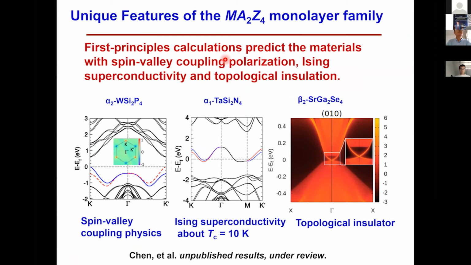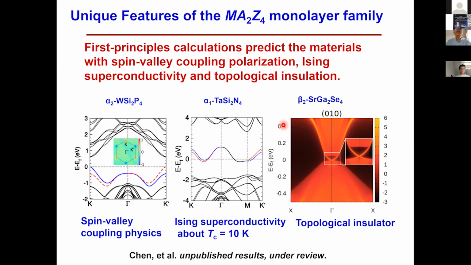For example, through first principles calculations, we have predicted materials with spin valley coupling, and also Ising superconductivity, and topological insulation. So there are three types of materials.